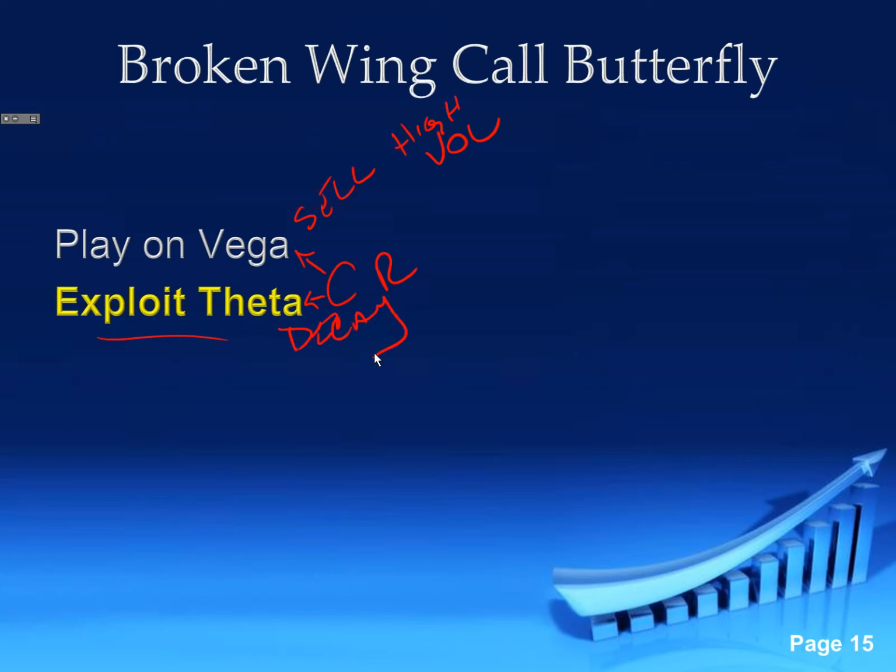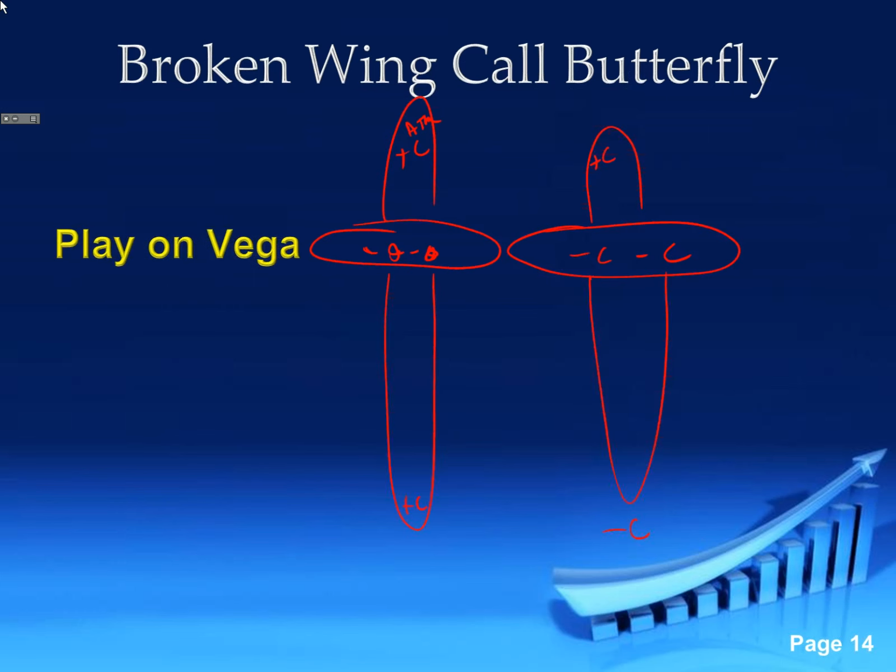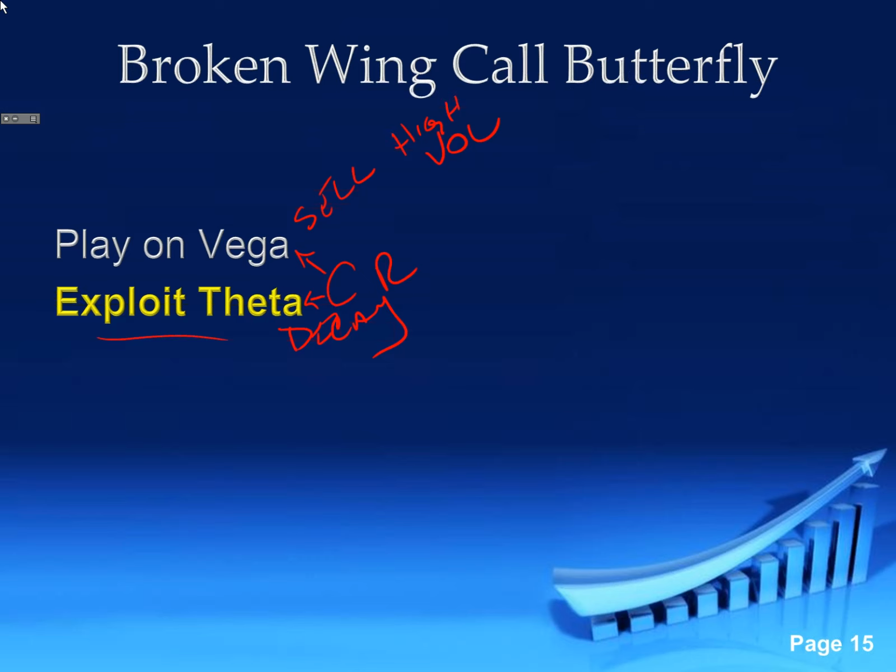So when we're trying to exploit theta decay, we want to get into that month that has the best theta decay. And that's usually 35 days to expiration, the wheelhouse for exploiting theta decay.